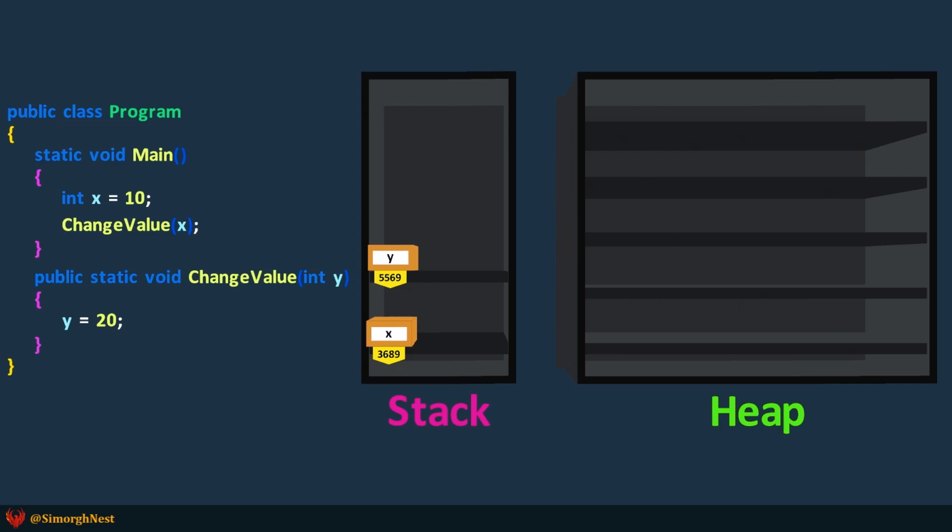To summarize, when a method has parameters, local variables are created in the method stack frame for each parameter. If the parameter is a value type, a copy of the actual data is stored in the new variable. This variable acts independently of the variable passed as an argument, and changing it doesn't affect the original variable.